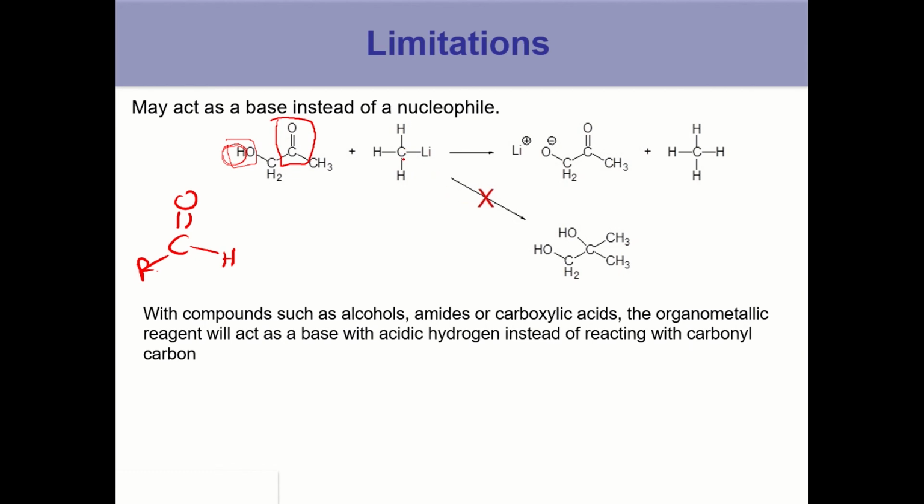If it is going to react as a nucleophile, it should give us an alcohol. The ideal situation is that this organolithium compound reacts with the carbonyl carbon and gives us an alcohol in the place of this carbonyl group. However, if we have this additional alcohol group with this additional hydrogen which is acidic, instead of showing the nucleophilic reactivity, it will go into an acid-base type reactivity.